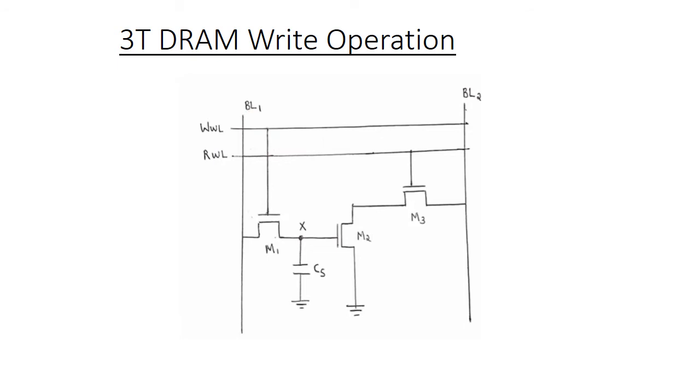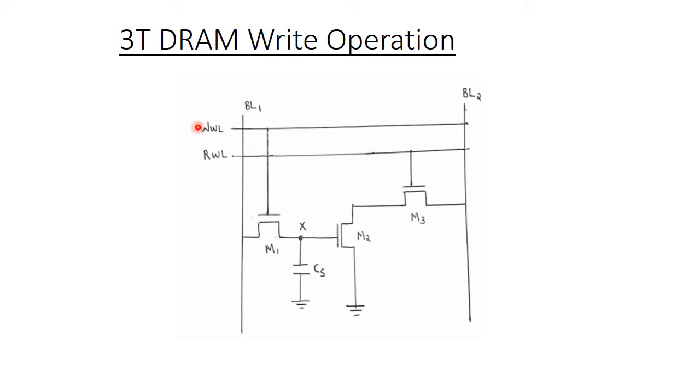So the first operation is the write operation of 3T DRAM. The word line that we need to enable during the write operation will be which one? The write word line. You can see the write word line here is connected to the transistor M1, and this transistor M1 is finally connected to which bit line? BL1.